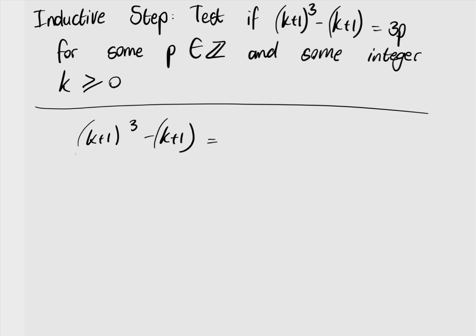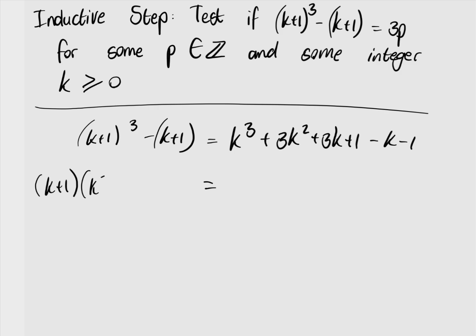Okay, so firstly, what looks good to me is to simplify first of all, so that we have something to work with. You could simplify this step by step, breaking it into k plus 1 and then k squared plus 2k plus 1 and all that.